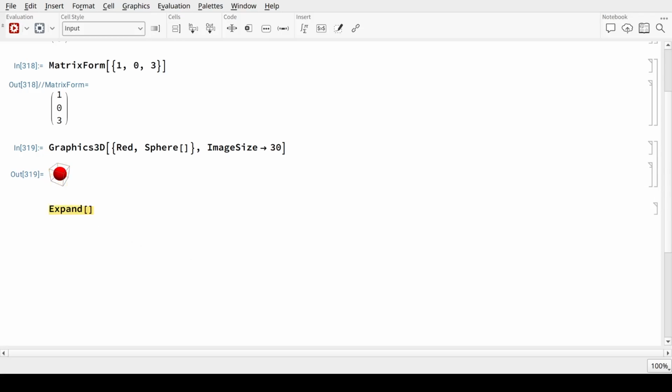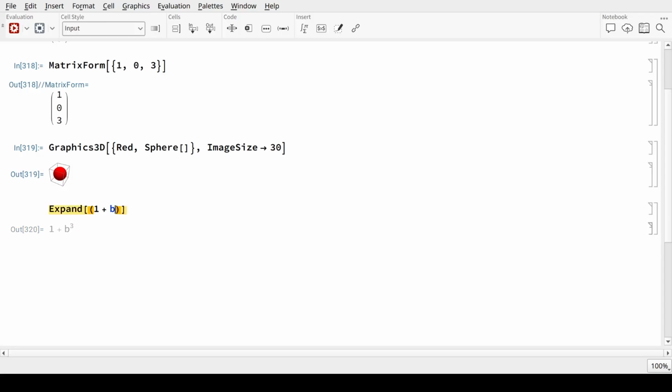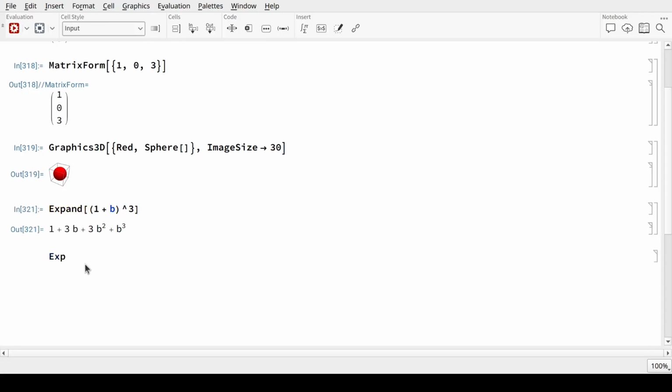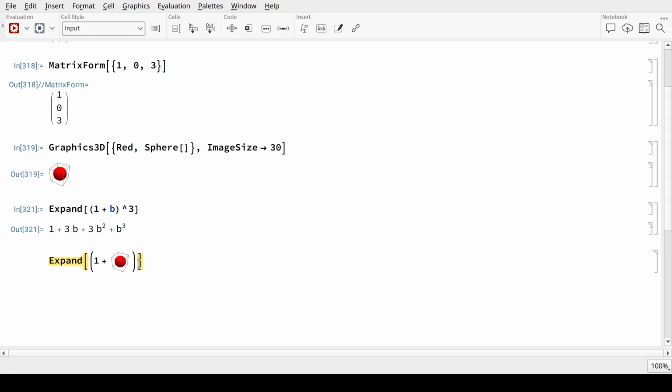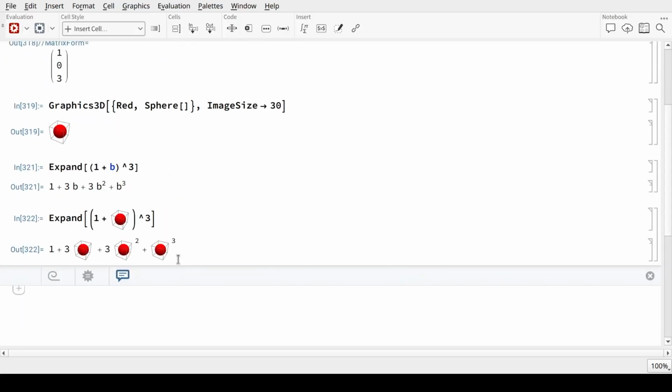For instance, expand 1 plus b cubed. We get this. But we can practically also say 1 plus this small sphere. I just selected it and copied it. Cubed.